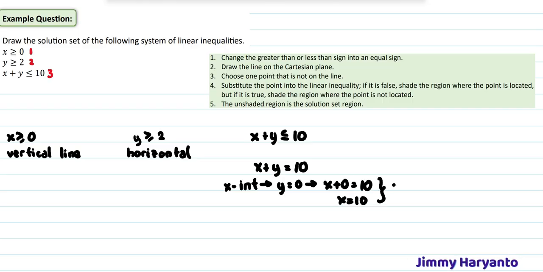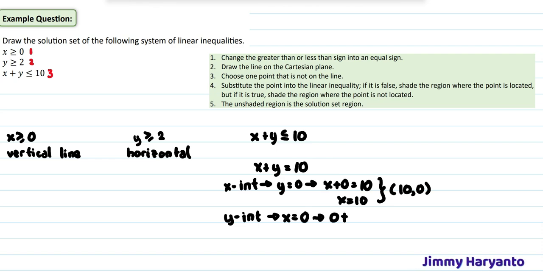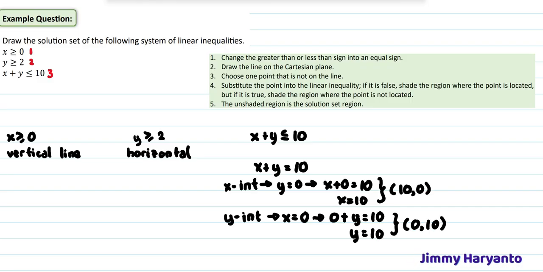From this, you have (10, 0) as the x-intercept. Next is the y-intercept. For the y-intercept, x equals 0, so 0 plus y equals 10, and then y equals 10. So for this one, you'll have (0, 10).